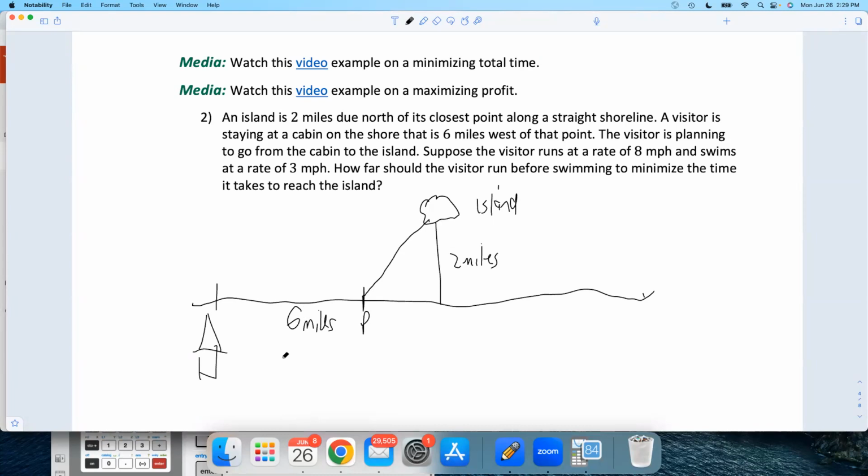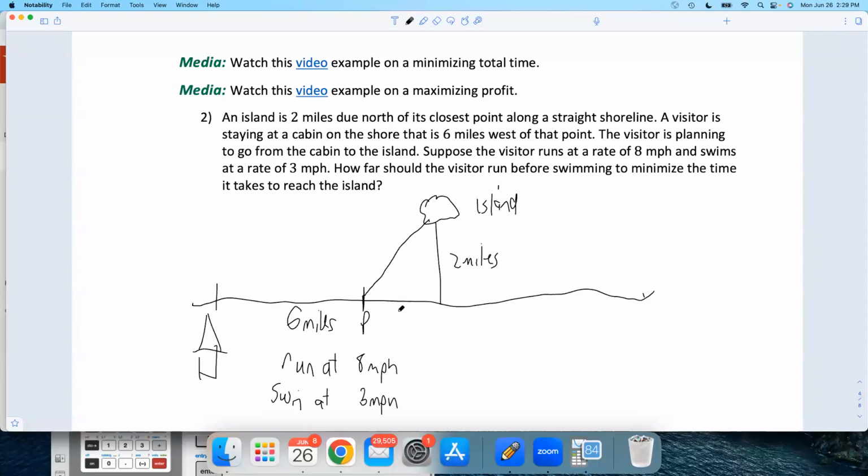Okay, so just remember here, we run at 8 miles per hour and we swim at only 3 miles per hour. So we're kind of trying to stay out of the water as long as we can. If we just went the total distance all the way here and only swam 2 miles, that wouldn't necessarily be the best, but that would definitely be better than swimming the entire way.